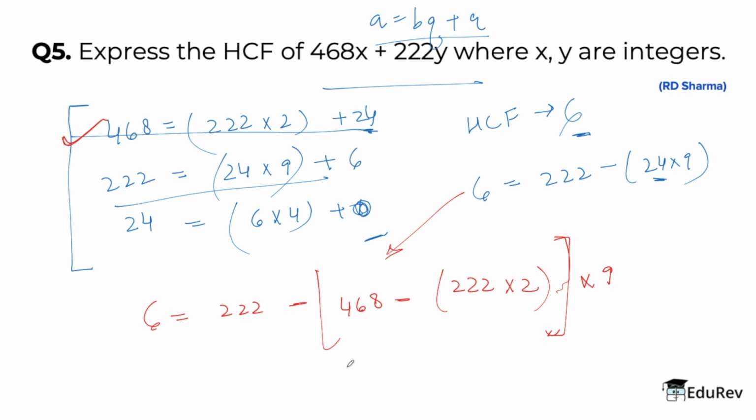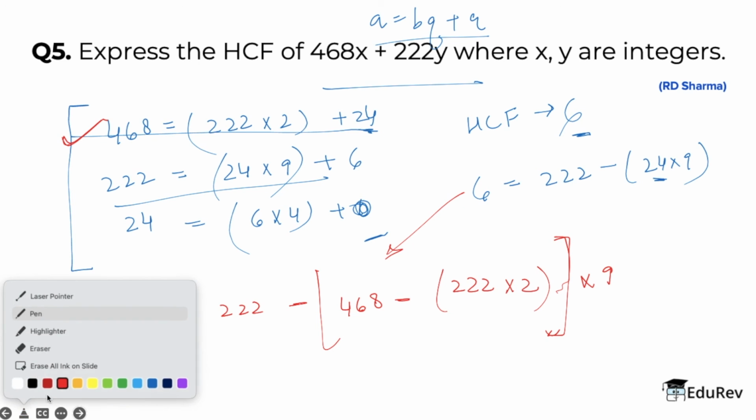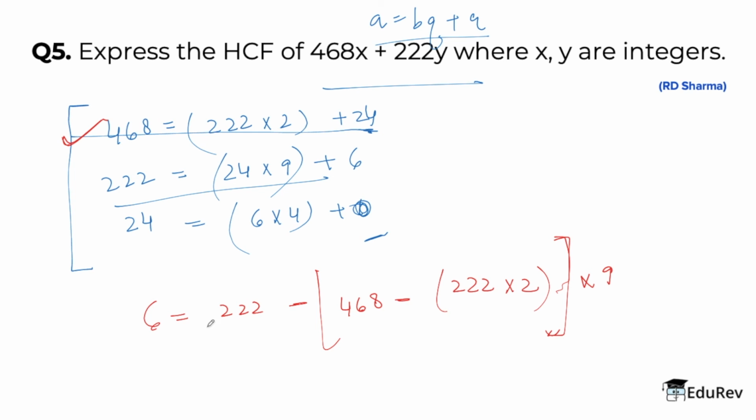Now if I solve it, I can distribute 9 in this. So I'm just going to erase a little bit. Okay. So 6 is going to be 222 minus 468 into 9 minus 222 into 2 into 9. So I've just distributed this.